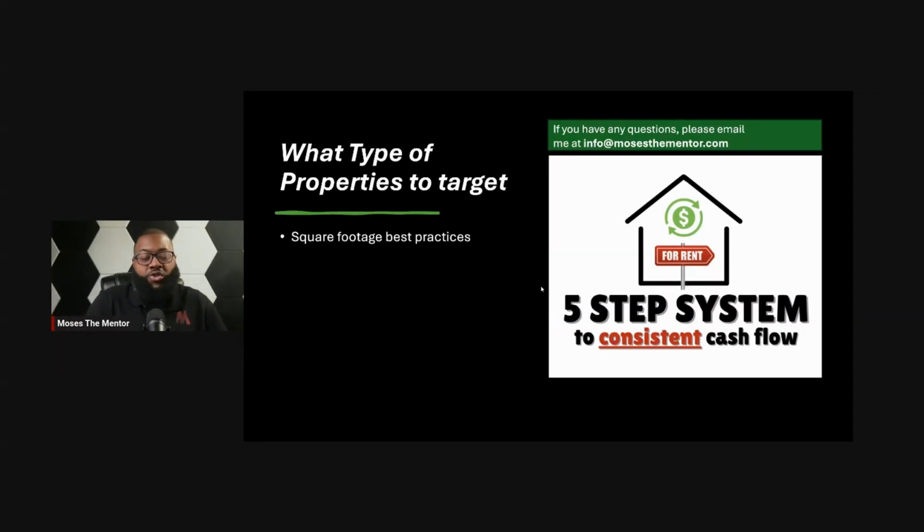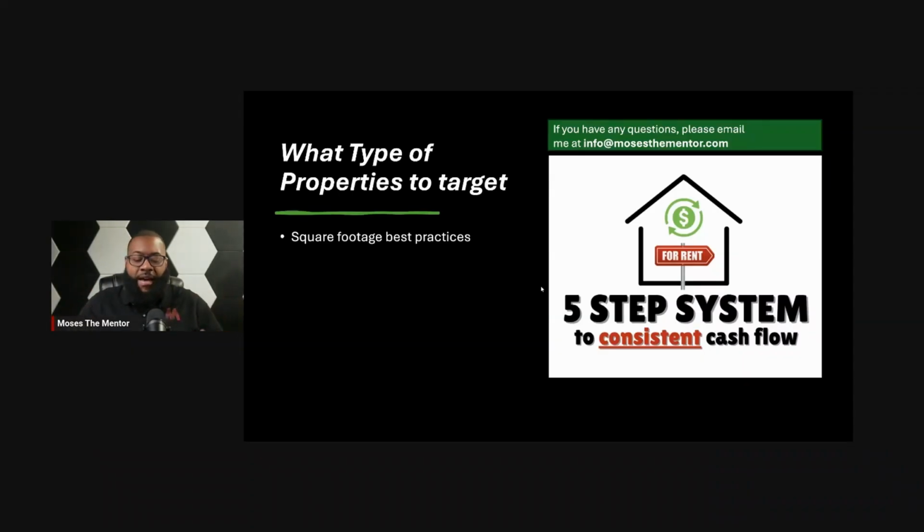So, what you want to make sure that you're doing is that you find a property that's functional. Now you don't want to buy something so tight because then tenants won't be attracted to it, and even if they are, they'll get in and then they're like, oh, I can't wait to get up out of here, right? It needs to be a functional layout. But at the end of the day, you don't need to say, I need this big place, right?